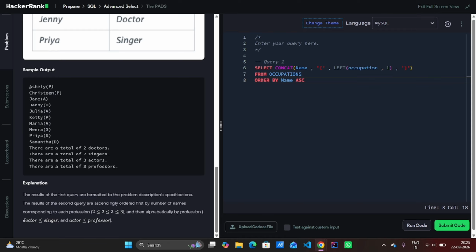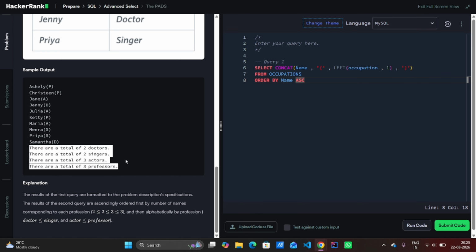Like here it is Ashley, then the name, then the profession's first character enclosed in parentheses, then Christine, then Jane, then Jenny. Okay, now this part is complete: the name and the professions. Now we have to do this next part.